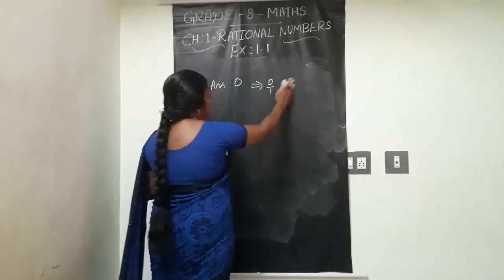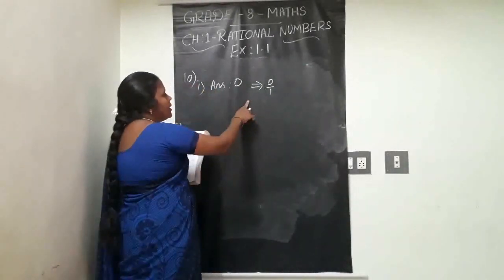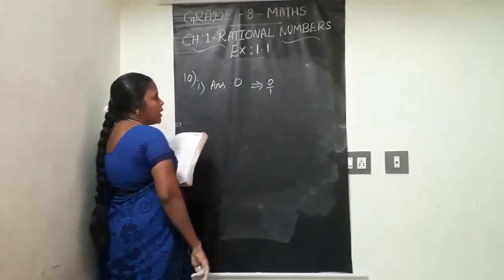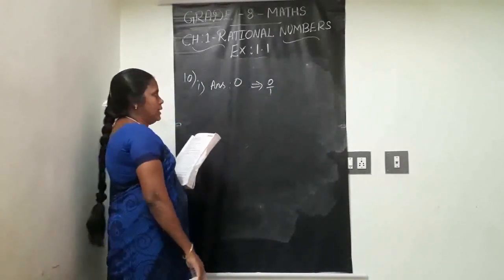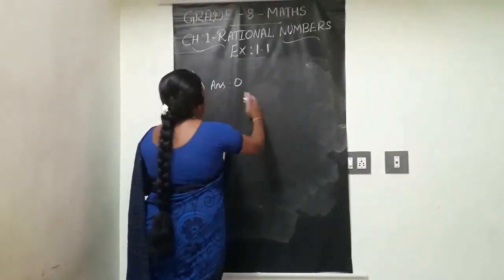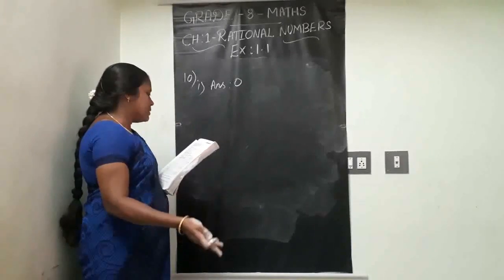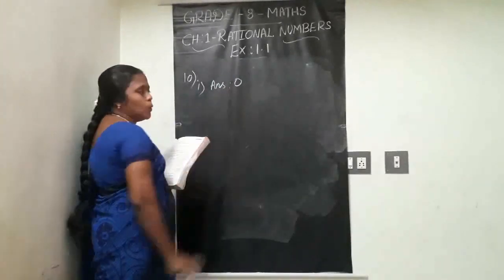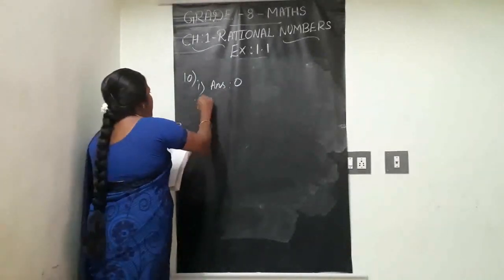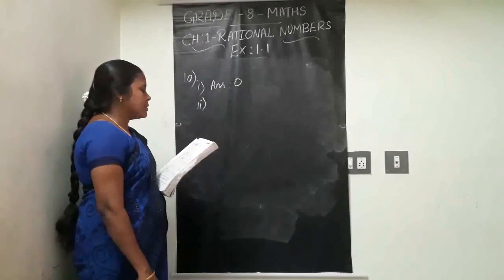So we can't write like this. Clear? So we can say 0 is the only rational number which does not have a reciprocal. So what is the answer for this? The rational number that does not have a reciprocal is 0.